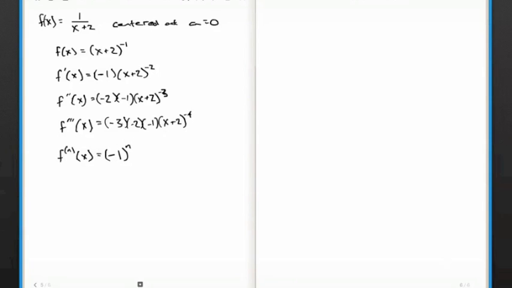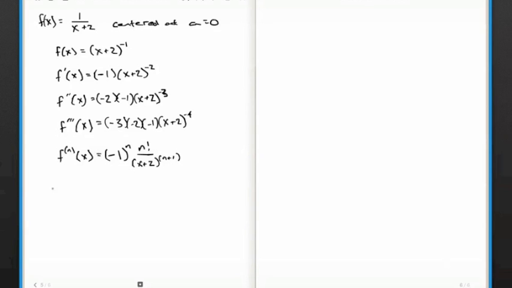And then this is the third derivative, 3 times 2 times 1, so it becomes n factorial over x plus 2, which is my original thing, to the n plus 1 on the bottom. Right, because my first derivative is over x plus 2 to the negative 2. My second derivative, it's to the negative 3. And by putting it on the bottom, that took care of the negative sign. All right, so this is my nth derivative.